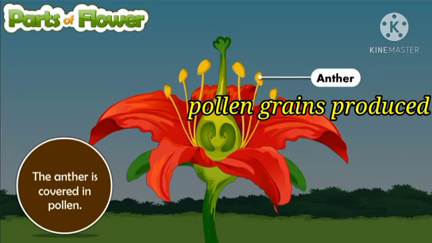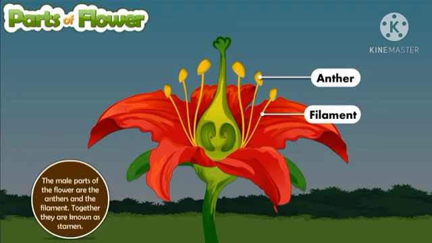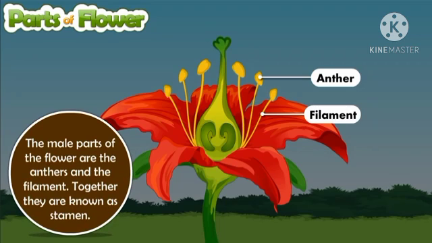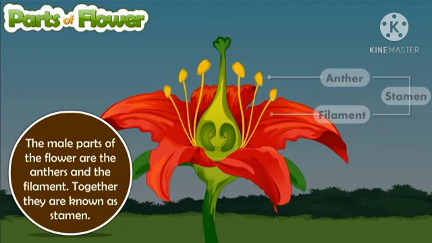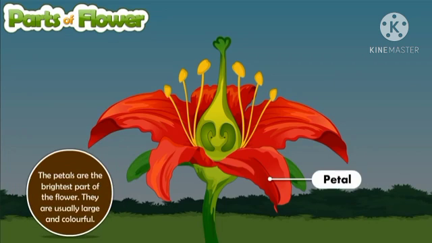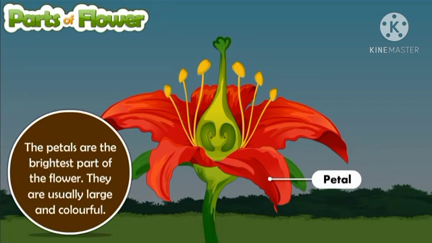Next, anther. Anther is covered in pollen, and pollen grains are produced in the anther. The male parts of the flower are the anthers and the filament. Together they are known as the stamen. The petals are the brightest part of the flower. They are usually large and colorful.